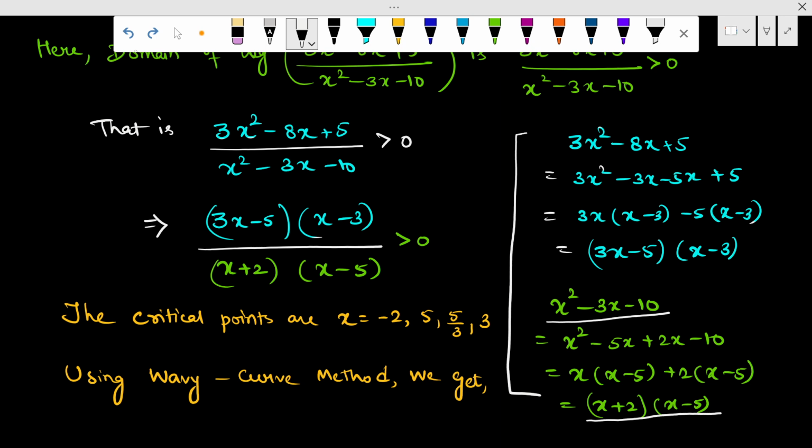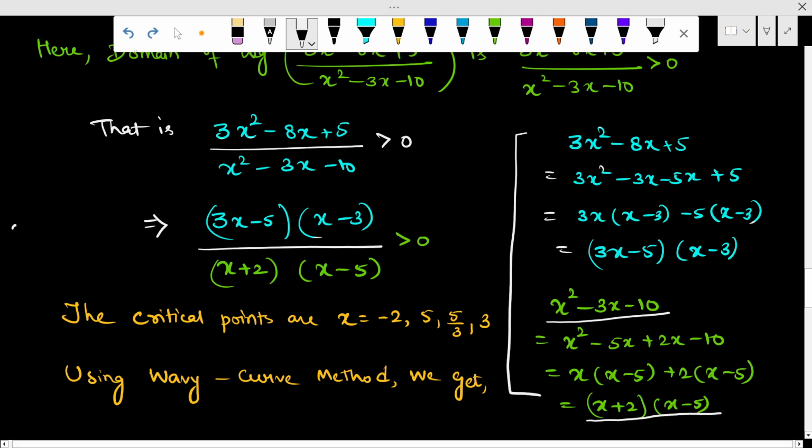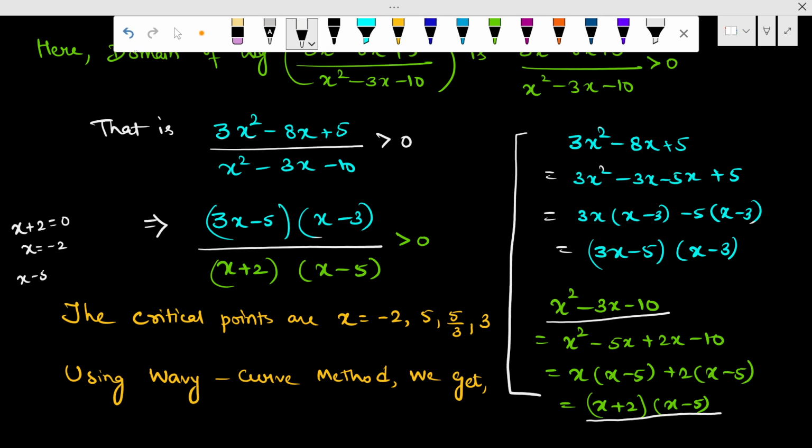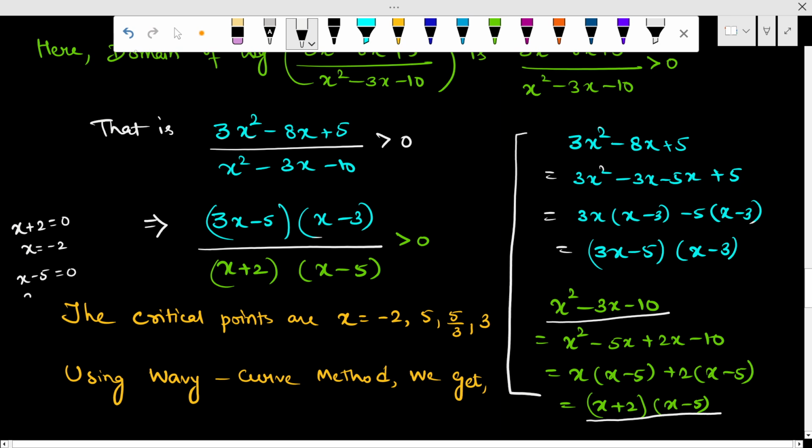So to get the critical points, put x plus 2 equals to 0. Then you get the first critical point as x equals to minus 2. Then put x minus 5 equal to 0. Then you get the second critical point as 5.